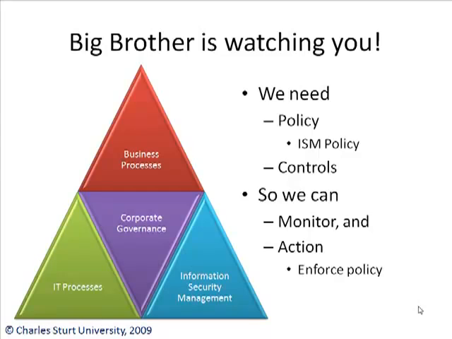Are we adhering to the security rules? Yes or no? So we need these controls in place, and also we need to be able to monitor them and take action. In other words, we need to be able to enforce the policy if something goes astray. If something goes off track, we're actually putting it back on track. So we always want to be in control of our environment, in control of our secure environment.